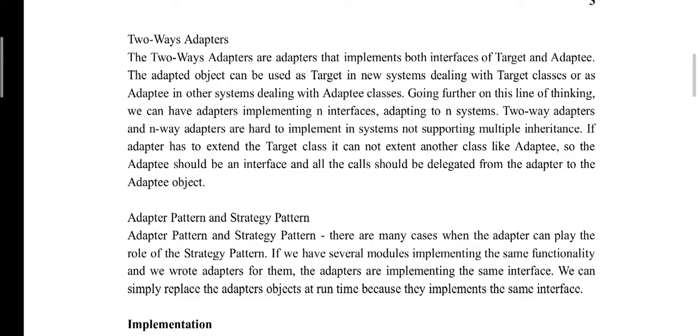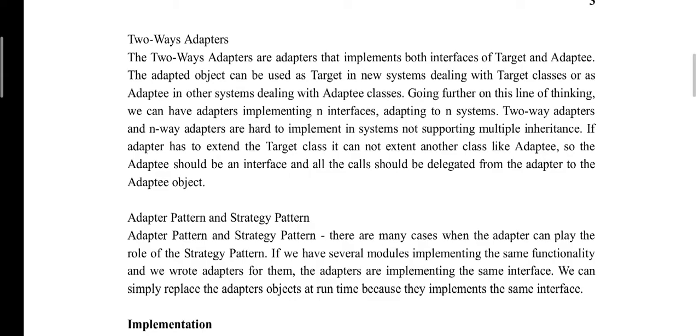If the adapter wants to extend the target class, then it is difficult for it to extend another class like the adaptive. So the adaptive should be an interface and all the calls should be delegated from the adapter to the adaptive object.